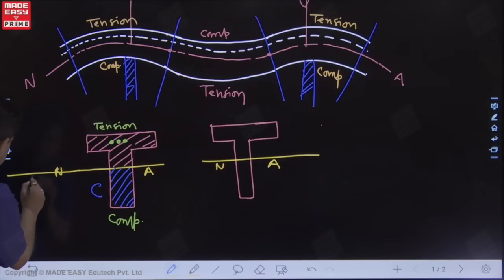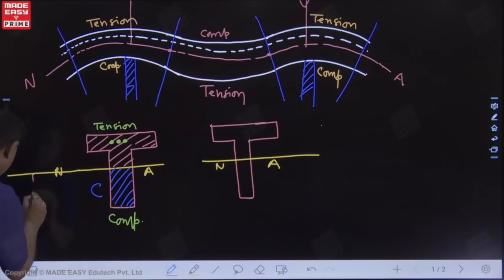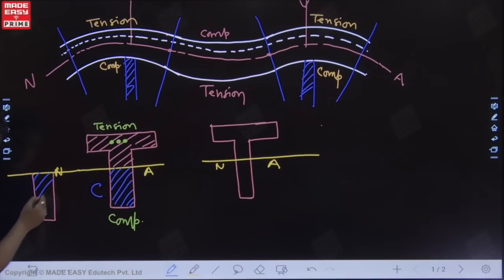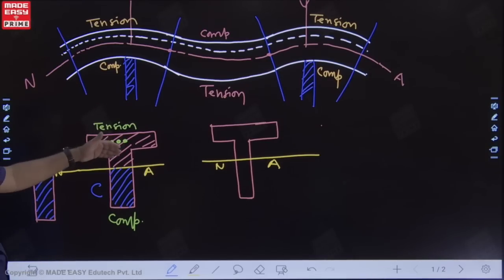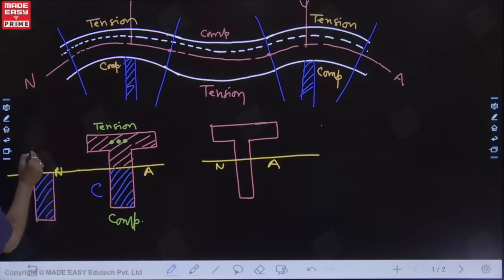This portion of concrete you will consider because it is in compression. This portion of concrete you will neglect. You will consider just only the reinforcement on this side. So this is what type of section? If this portion you have neglected, it is just like a rectangular section.